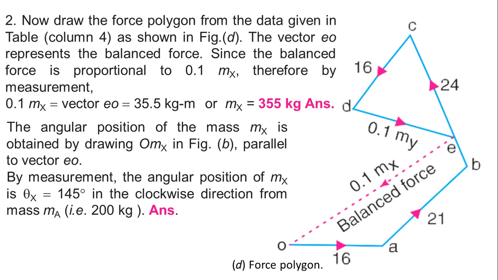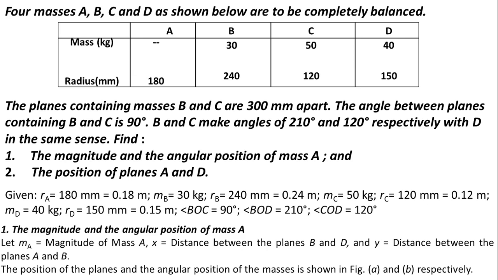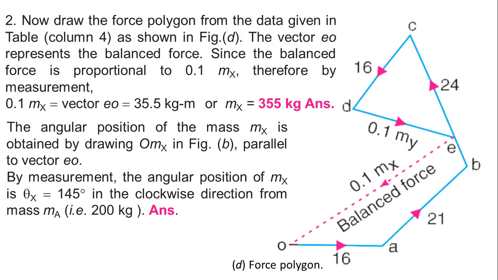Using that column again, I will be using the values there, whatever you got. First is 16. So next, from O to A, we will take the 16 value. Then A to B, 21. Then B to C, 24.